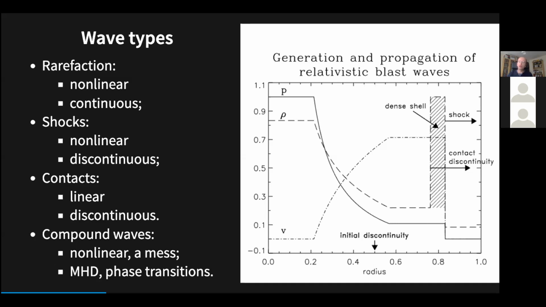So there are characteristic waves associated with each eigenvalue of the Jacobian matrix. When working with fluid equations, the Euler equations, in one spatial dimension, we have three equations of motion, so three characteristic waves.